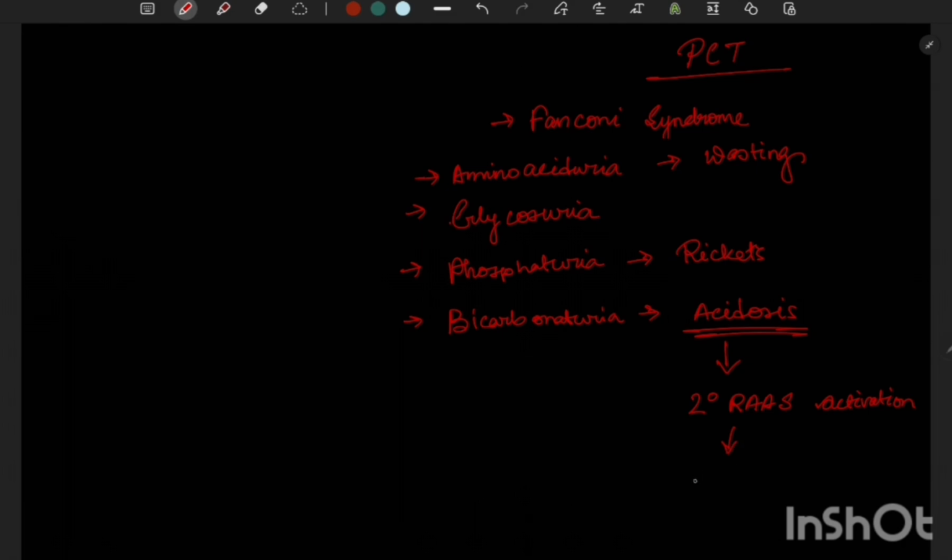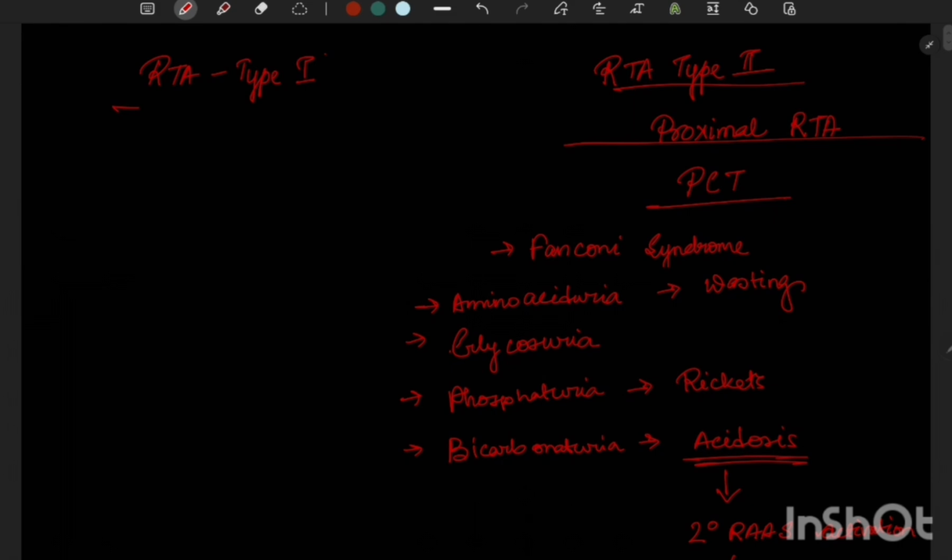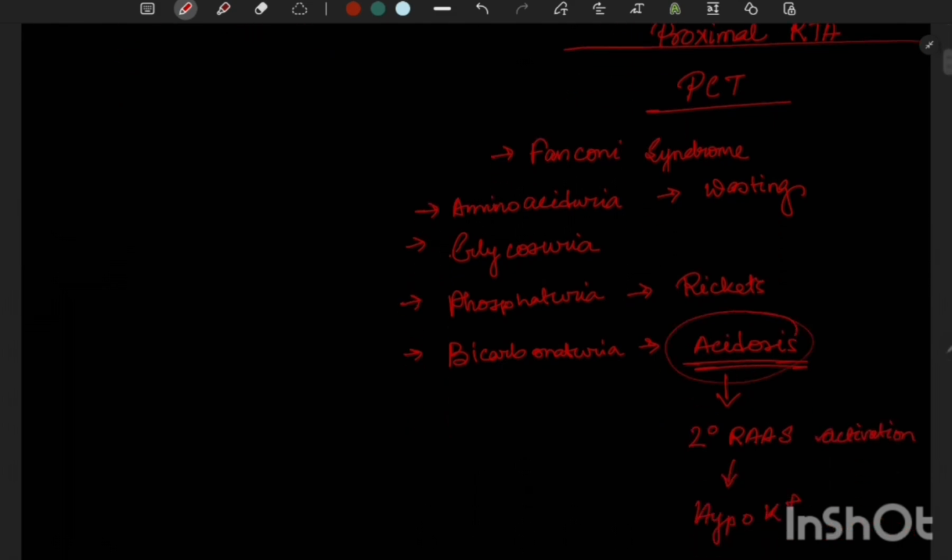This acidosis is not significant because the bicarbonate which was lost in the PCT is again reabsorbed in the distal tubules.